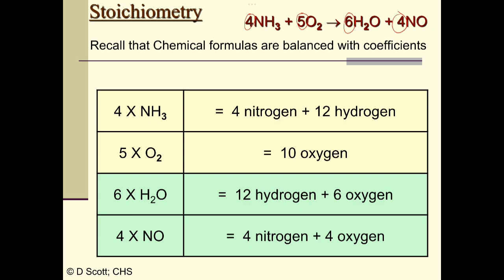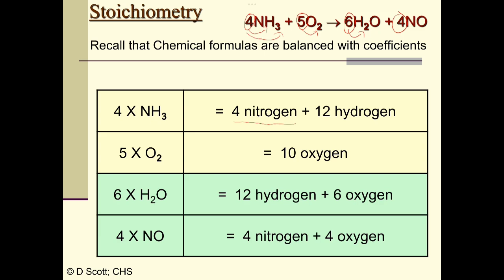For example, 4 times 1, that will be 4 nitrogen, and 4 times 3, that will be 12 hydrogen. Same thing, if we multiply 5 times 2, we get 10 oxygen. And if we multiply the 6 here, we get 12 hydrogen.